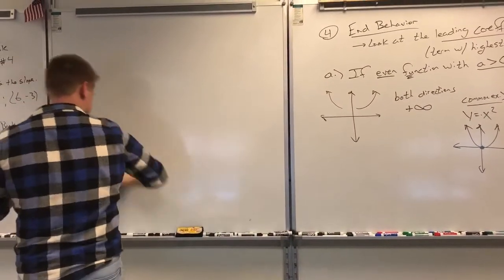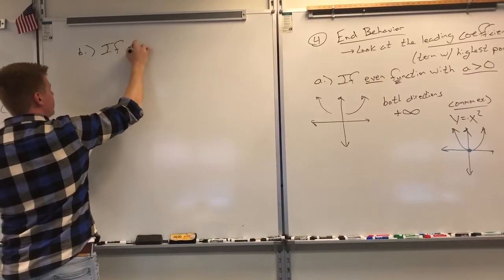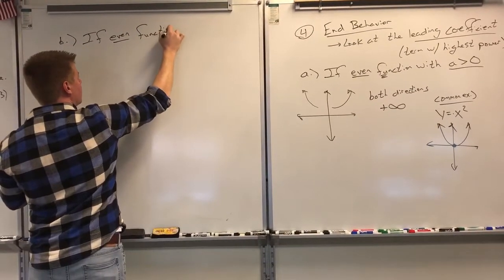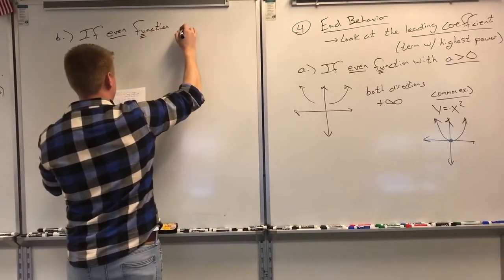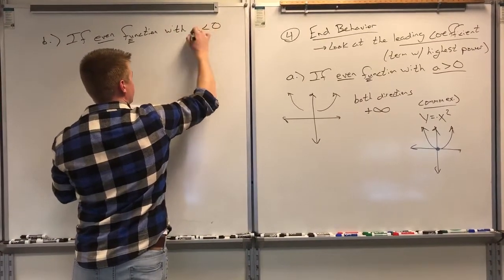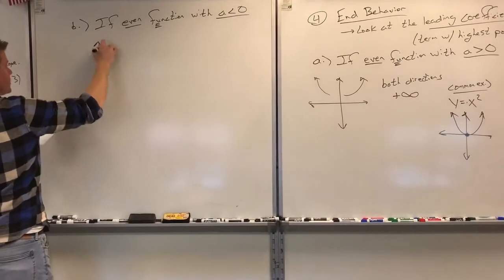Okay. Case B. If we have an even function with a less than 0, so meaning it's a negative. We can kind of think of the case we just did before.